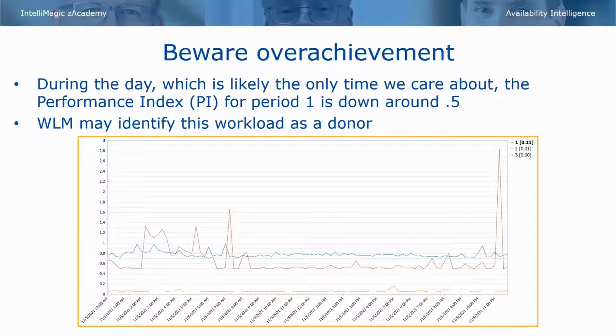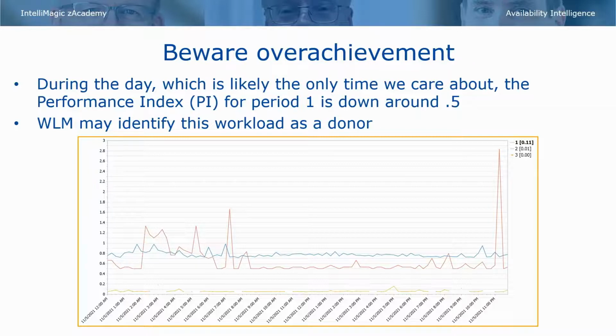What's the problem? Well, for Workload Manager to help workloads that are not meeting their goals, it needs donors. And workloads that are far overachieving their goals are at risk of being selected as donors. And more specifically, WLM views performance indices lower than 0.8 as significantly overachieving, which is the case here.